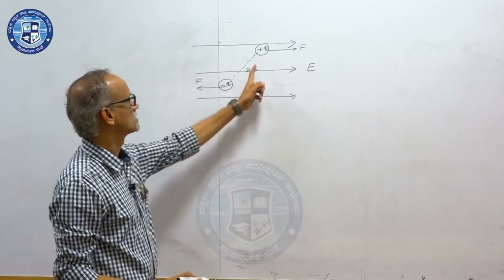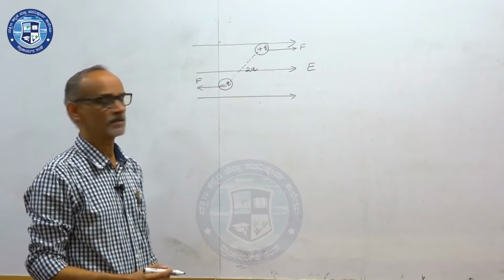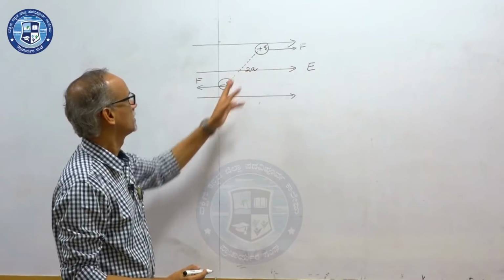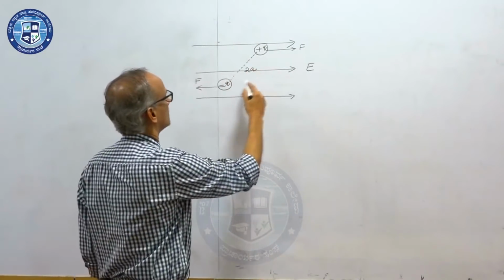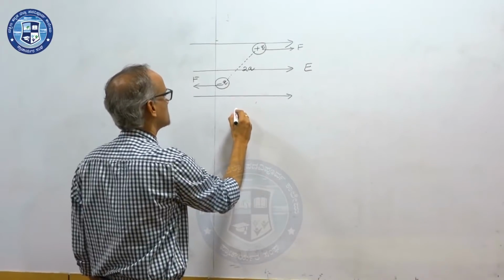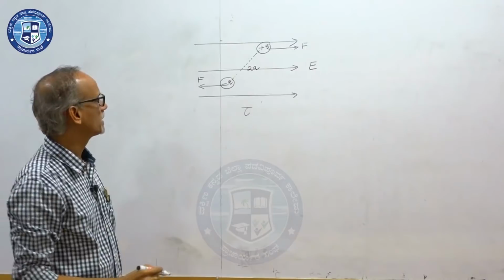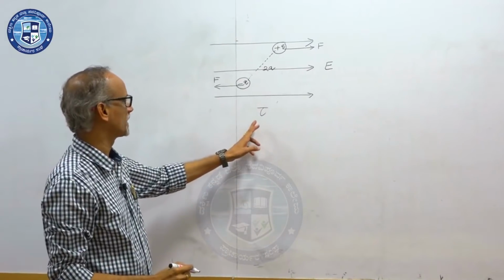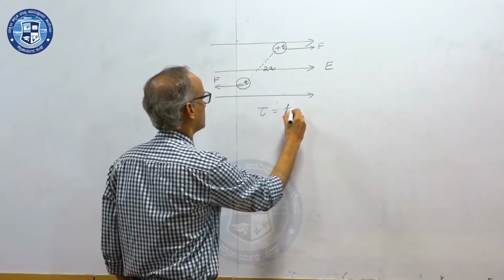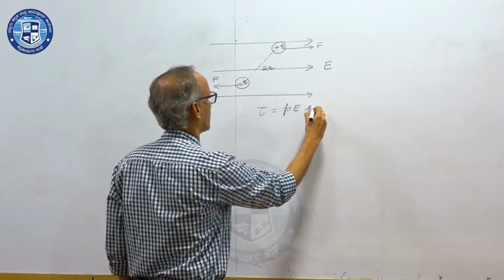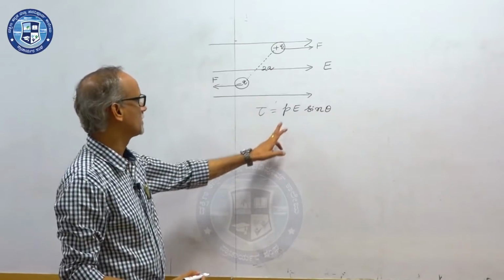But these two forces represent equal and unlike parallel forces, which represent a couple, and when a couple acts on a body, it experiences a torque, which is tau. And in our earlier discussion, we have proved that the torque experienced by this dipole is given by PE sin theta, where what is P?